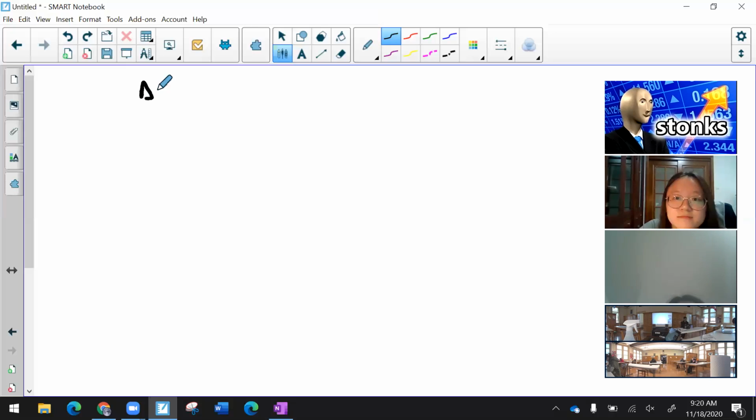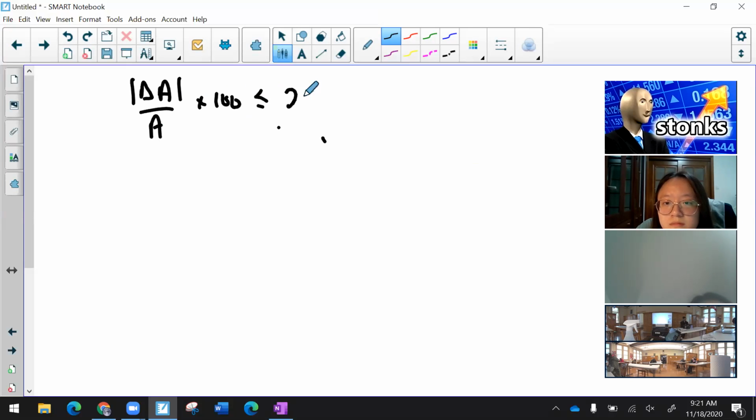Okay, so that means that I want to know the change in the area over the area. And in this case, I'm going to take the absolute value of what that change is because I really don't care if it's bigger or smaller. And I'm going to multiply it by 100, but I need that to be less than 2%.